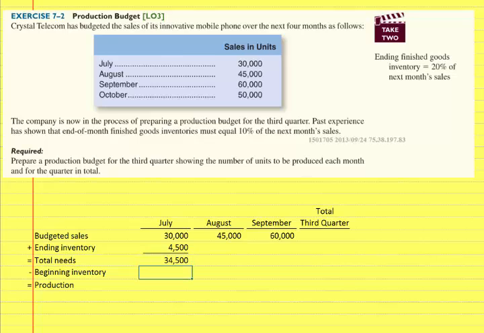So beginning inventory for July, that number right there, should be June's ending inventory. And June's ending inventory was 10% of the next month's sales. So June's ending inventory was 0.1 times the next month's sales, 10% of July's sales, 10% of 30,000. So there's June's ending inventory, 3,000, which is July's beginning inventory. Let me make that negative.